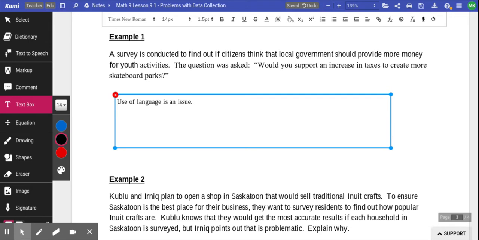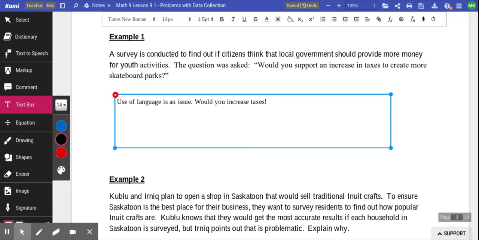What they asked, though, is would you increase taxes? That almost always gets a negative response, right? People don't want to increase their taxes. So instead of saying, should we spend more money on youth activities, they talked about, would you want increased taxes to create more skate parks? That is not a good way to ask that question because now you're making people think of increased taxes, not youth activities.